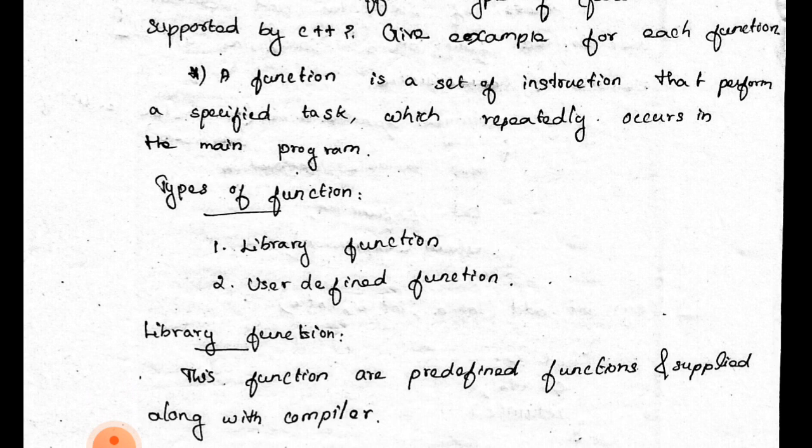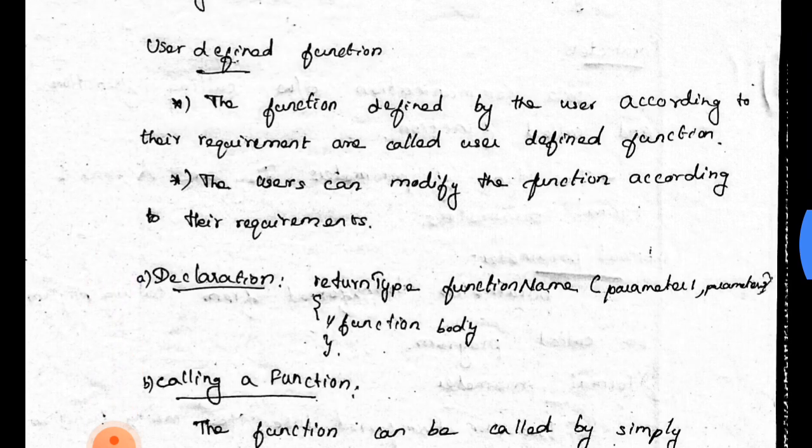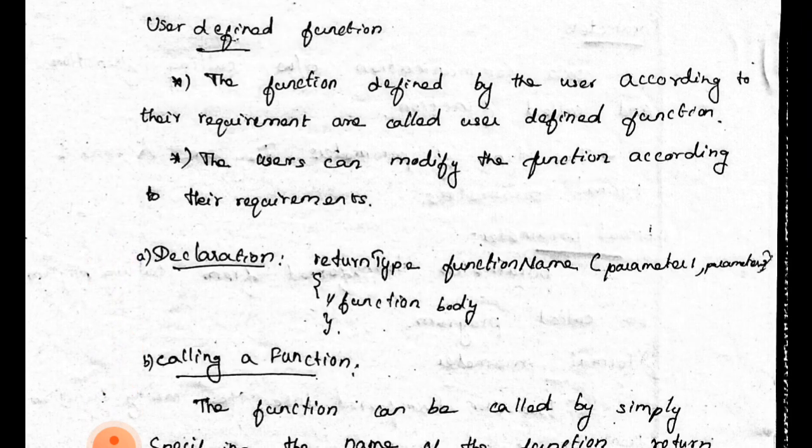Library function is supplied along with the compiler, that is, predefined. Then user defined function: the user can give the requirements according to their wish.